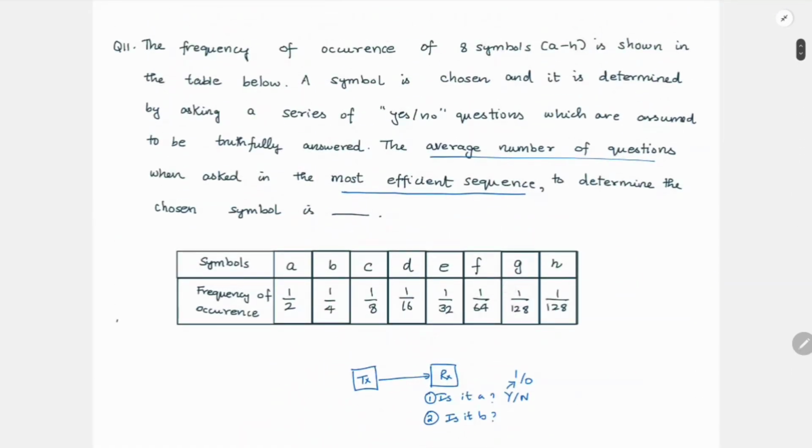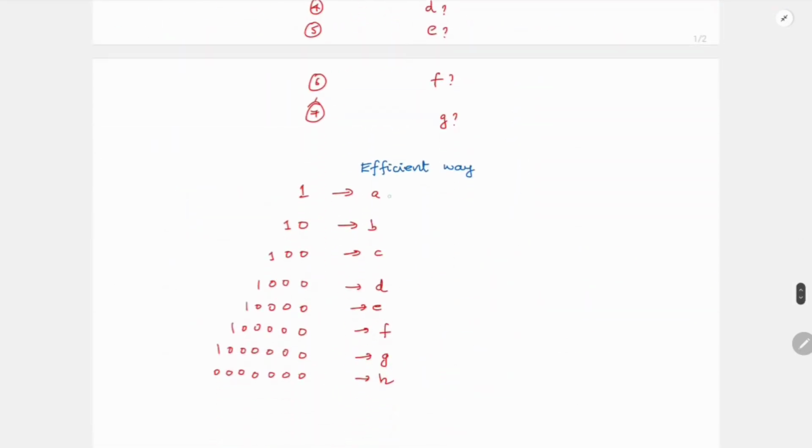So now what will be the average? They're asking the average number of questions. So the probabilities are 1 by 2, 1 by 4, 1 by 8, 1 by 16, 1 by 32, 1 by 64, and the last two are 1 by 128. And the number of questions asked is 1, 2, 3, 4, 5, 6, 7, and here also it is 7 only. So what will be the average?